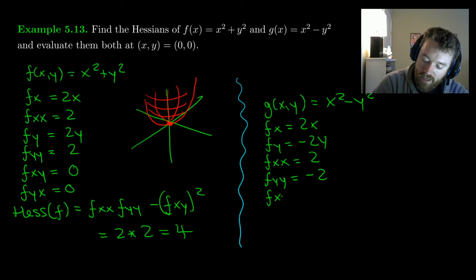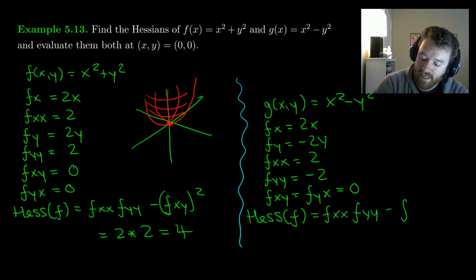And again, gxy, which is equal to gyx, so we really only have to compute one of these, is 0. And so here the Hessian is equal to, again, gxx times gyy minus gxy squared. And in this case, it's equal to 2 times negative 2 minus 0, and that's negative 4.